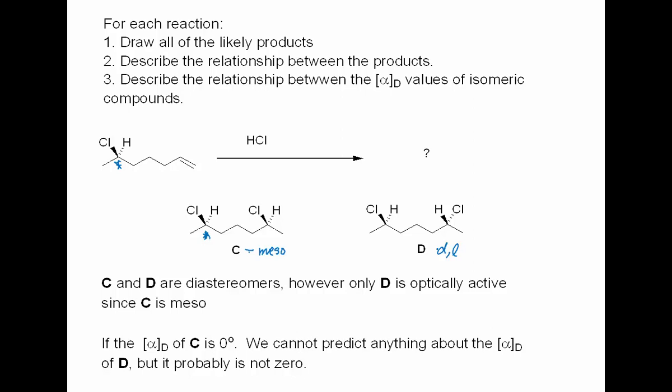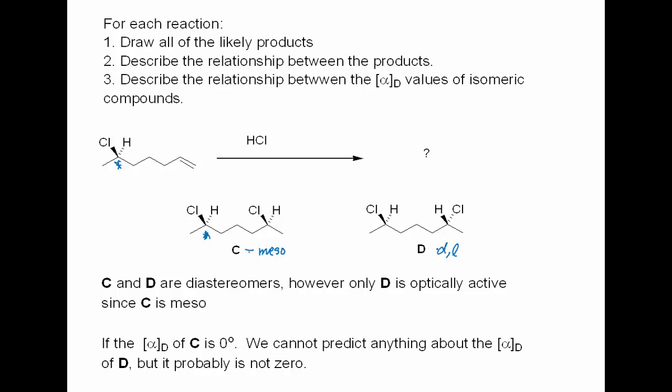All right, so again, D probably has a specific rotation that's not 0. C has a specific rotation that is 0 because it's meso and optically inactive. Okay, but we can not make any predictions about the specific rotation of D. Okay, if C and D were mixed, there'd probably be some sort of optical rotation because they would not subtract perfectly.